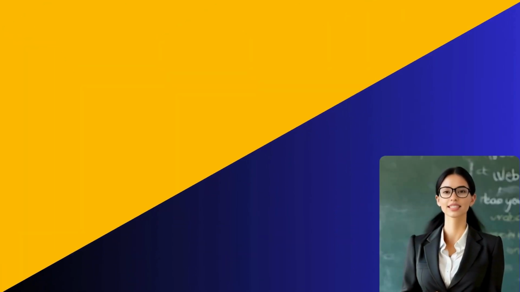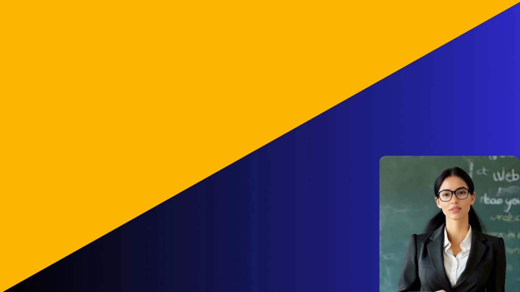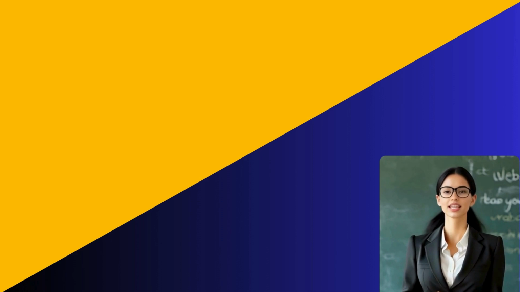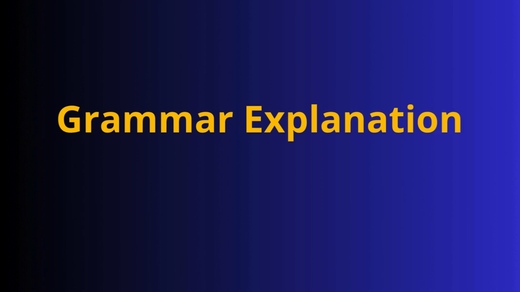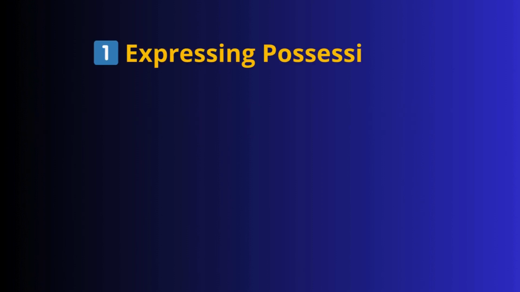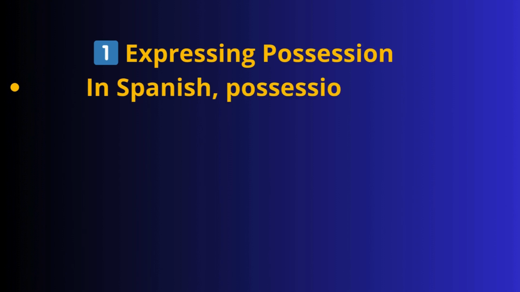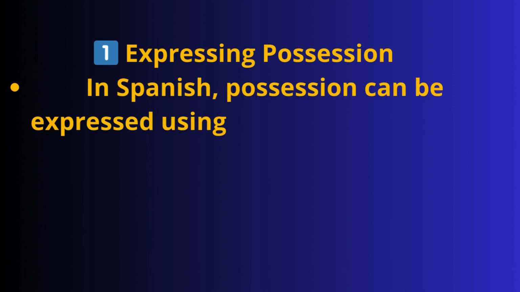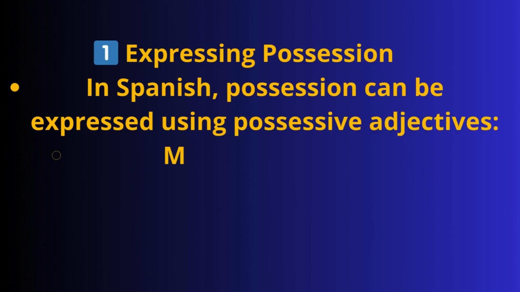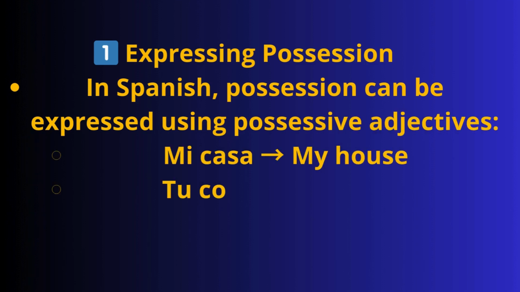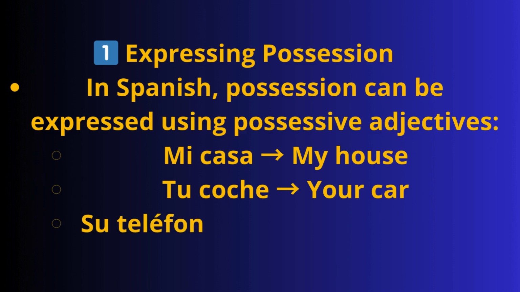Now, let's make sentences with the words we've learned so far. Listen to and read the text, and try to understand it. Expressing possession. In Spanish, possession can be expressed using possessive adjectives. Mi casa, my house. Tu coche, your car.